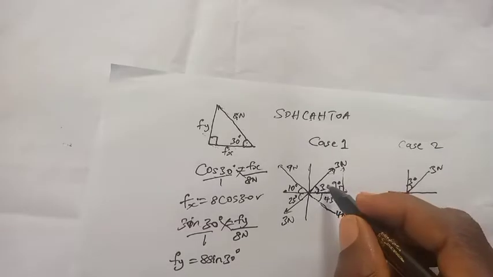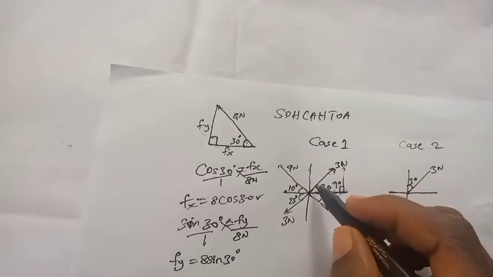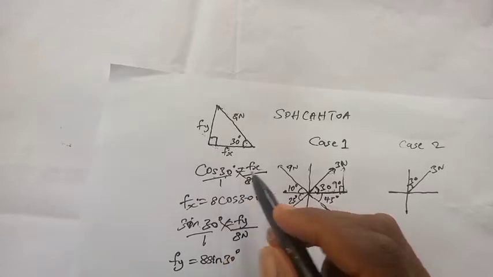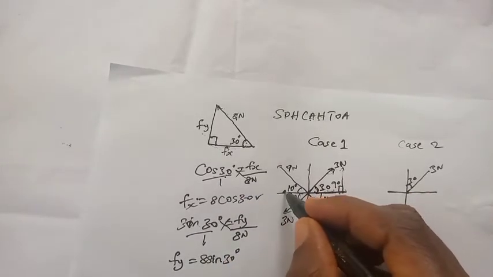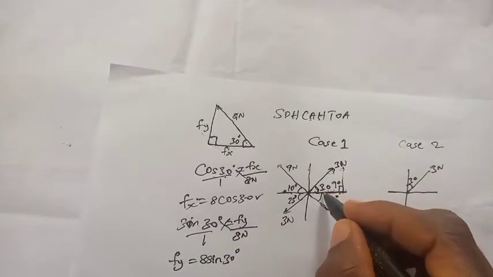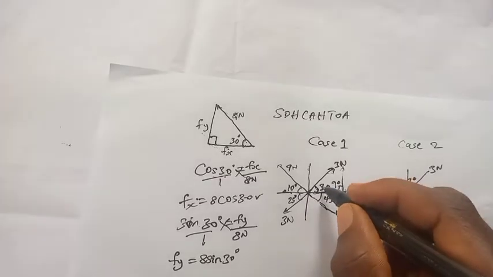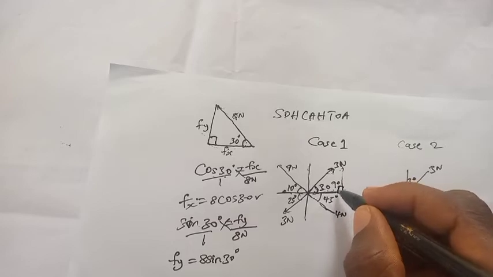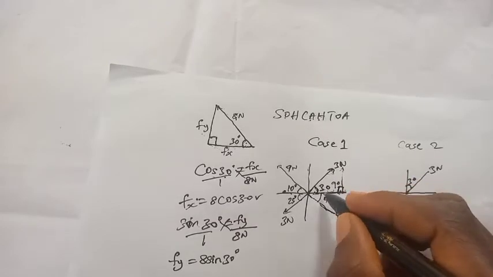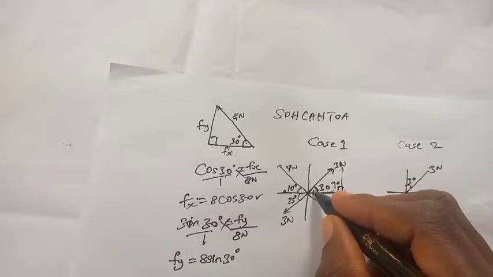All the horizontal components of these forces are going to take cosine theta. The reason is that all of them are inclined to the horizontal x-axis, and that horizontal x-axis forms the 90 degree angle. It connects the 90 degree angle and the angle in question.